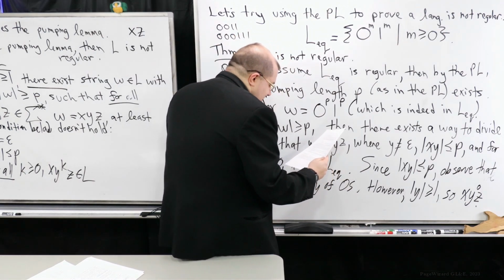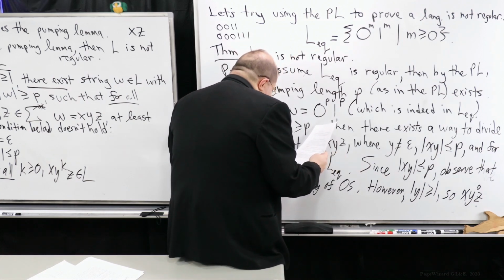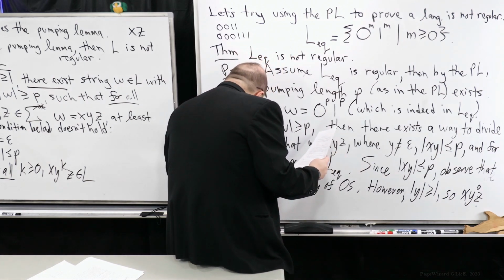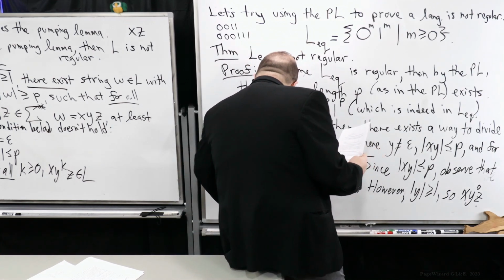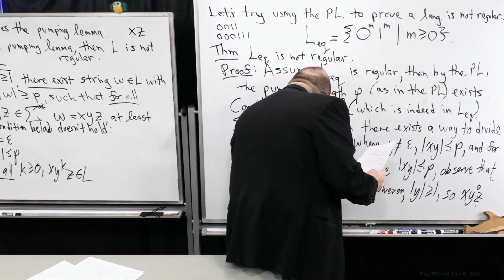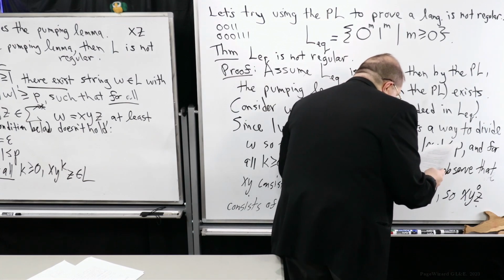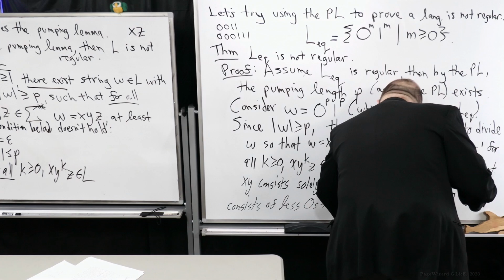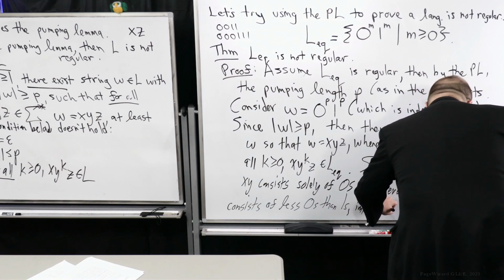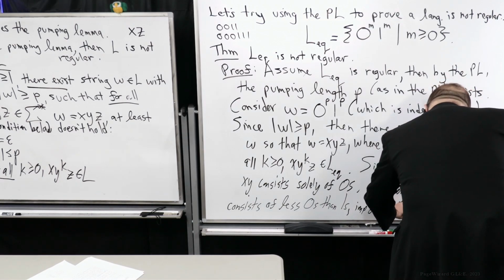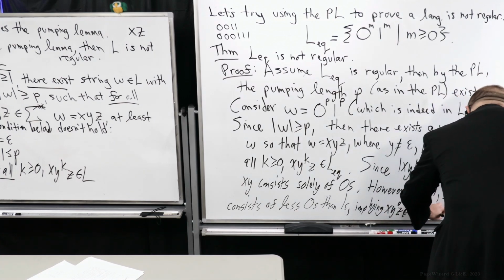So check this out. x y to the 0, z consists of fewer zeros than ones, implying x y to the 0, z isn't in LEQ, which is a contradiction.